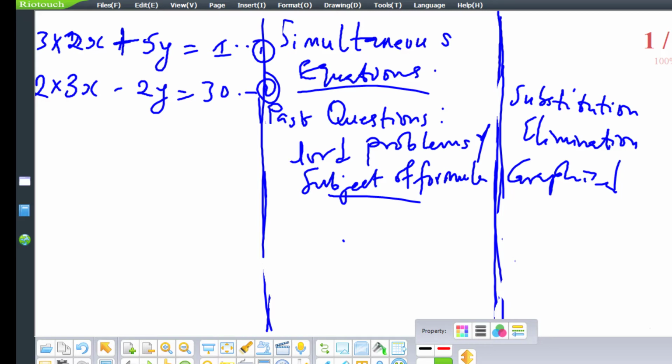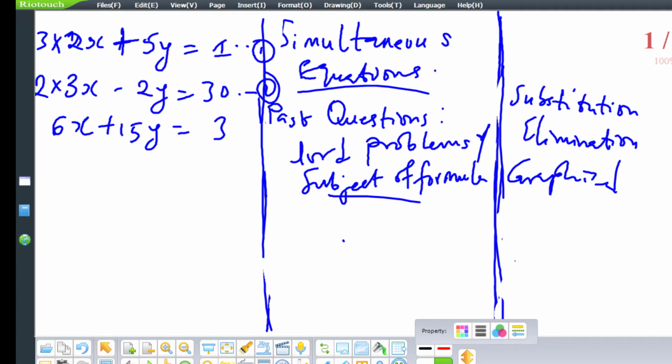So now let's multiply. We multiply all through with whatever integer we put on this side. So we have 3 times 2x, we have 6x plus 15y is equal to 3.